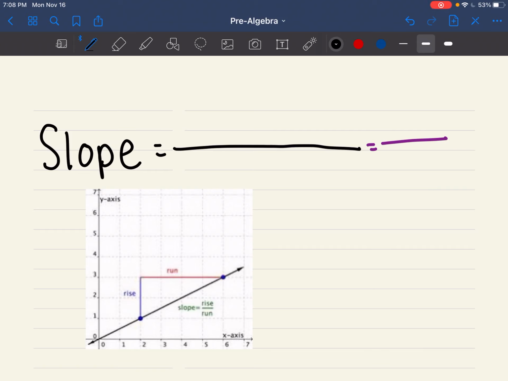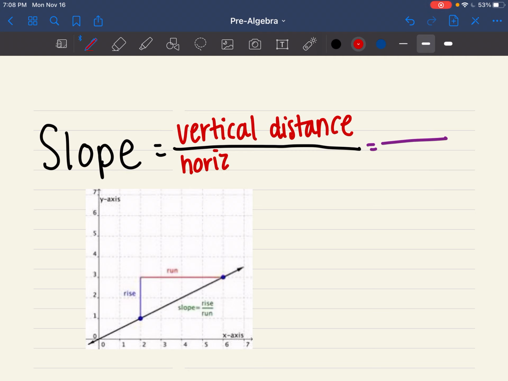Today we're going to continue our investigation with slope. Remember we saw yesterday, slope was the quotient of our vertical distance divided by our horizontal distance.